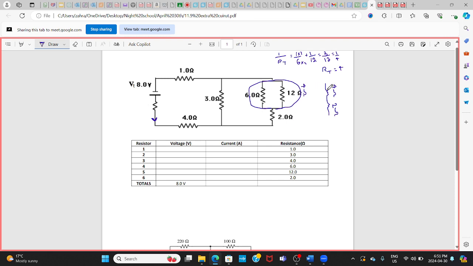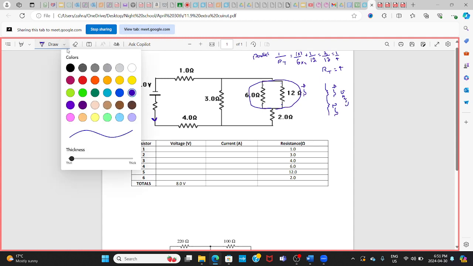The total is 4 ohm, right? Okay, they are in series because they are back to back. If the two ends of these two attach to each other, like this end attached to that, and this end to that, without any interruption, we say this is parallel. But if they are back to back, they are in series.